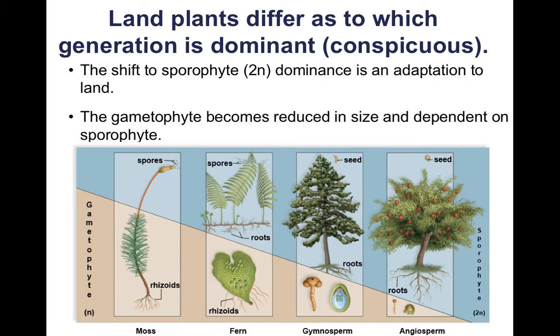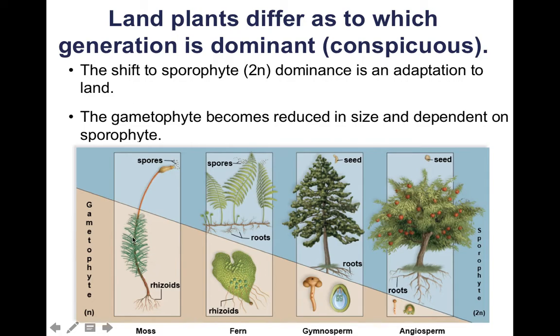And so the land plants differ as to which generation is going to be dominant, or sometimes we call this conspicuous. So which generation is going to be the most long-lived, the one that you look at and say, okay, that's the plant, right? So what we see is that some of the very, very basal plants, so one example is moss, the dominant generation is the gametophyte.